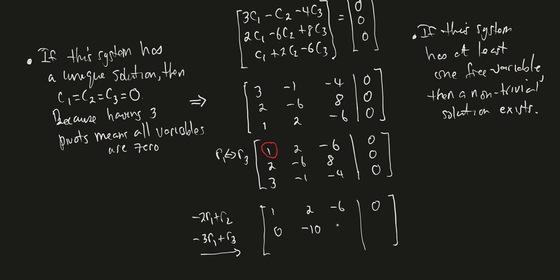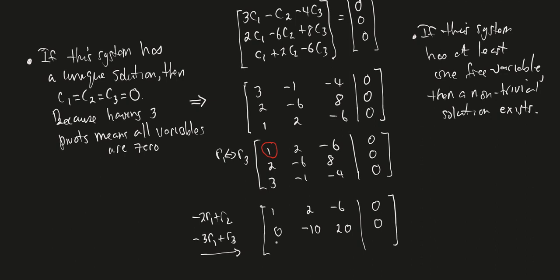Right, that's 20. Let's make sure that's right. So that's -4. Yeah, and then on this side we'll still have 0, right? Then let's do this to eliminate the 3.